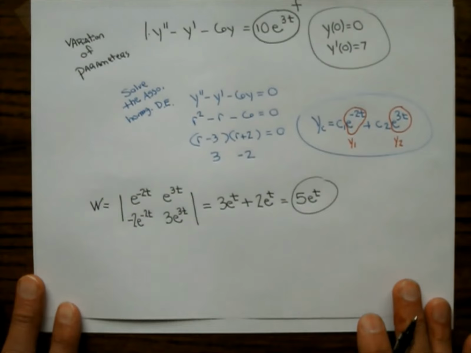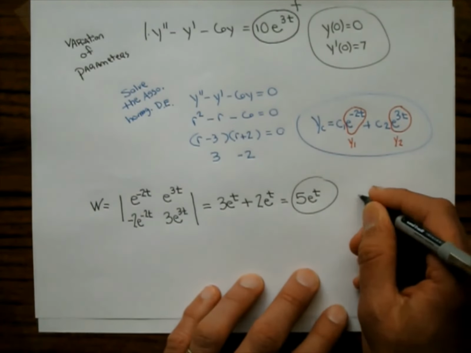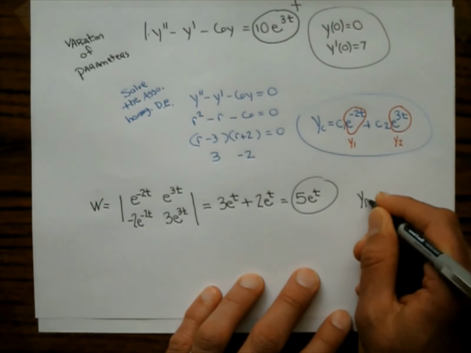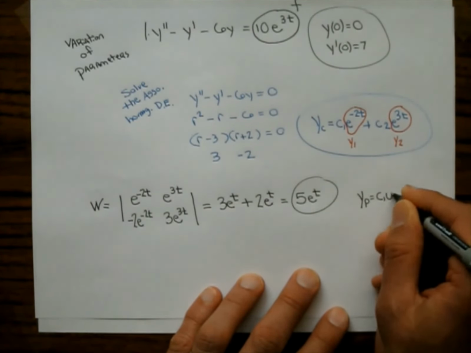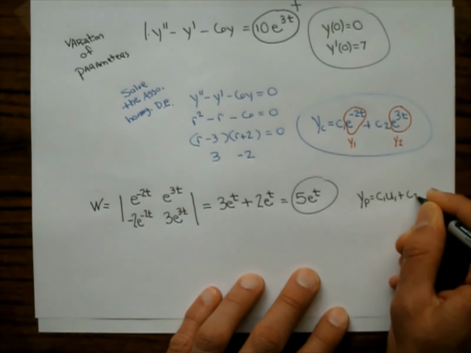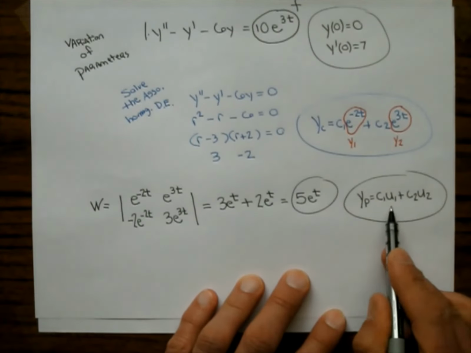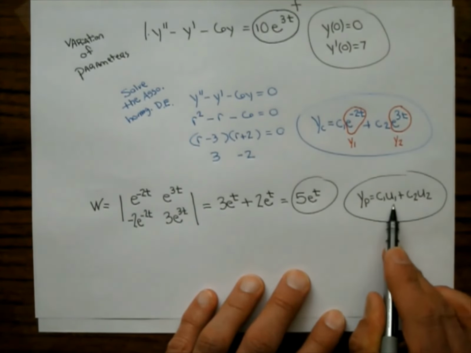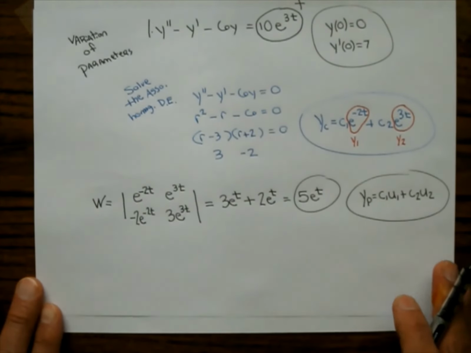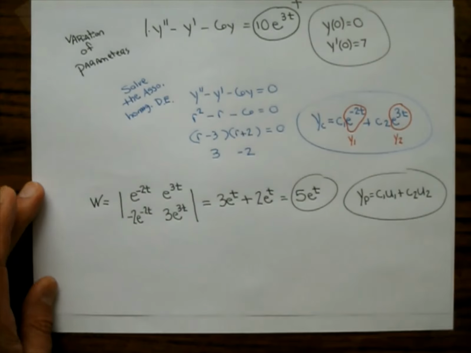Why do we need the Wronskian? Because we are going to figure out, okay, our solution is going to be like this. Our trial solution is going to be C1 U1 plus C2 U2. So our whole variation of parameters is finding out what U1 and U2 are. For U1 and U2, we do something called Cramer's rule, and we develop this long process in the notes.